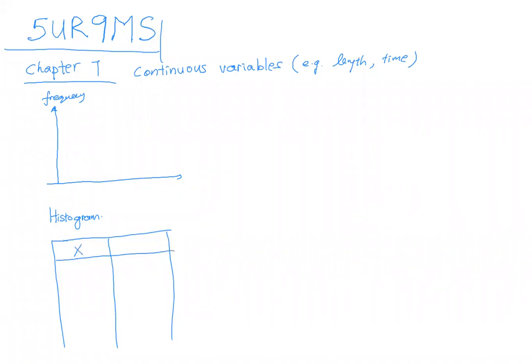For example, if I'm talking about the length of a pencil, I will say 5 to 9 cm. Then here I put frequency, then 10 to 14 cm, and so on and so forth. Then I will draw the histogram.